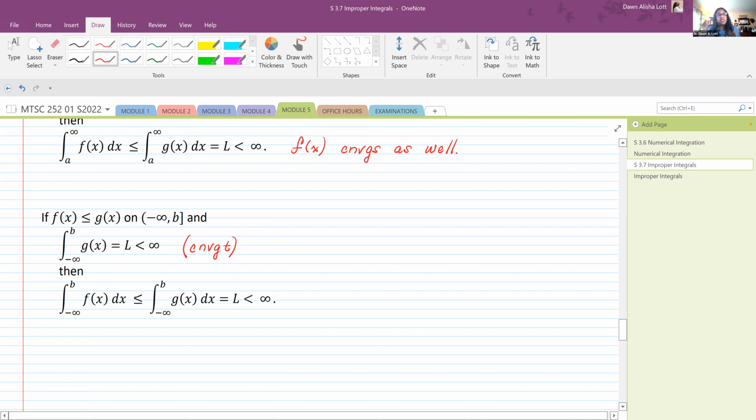Then since f of x is less than g of x, its integral will be less than the integral of g of x. So f of x converges as well. Okay, any questions on those two?